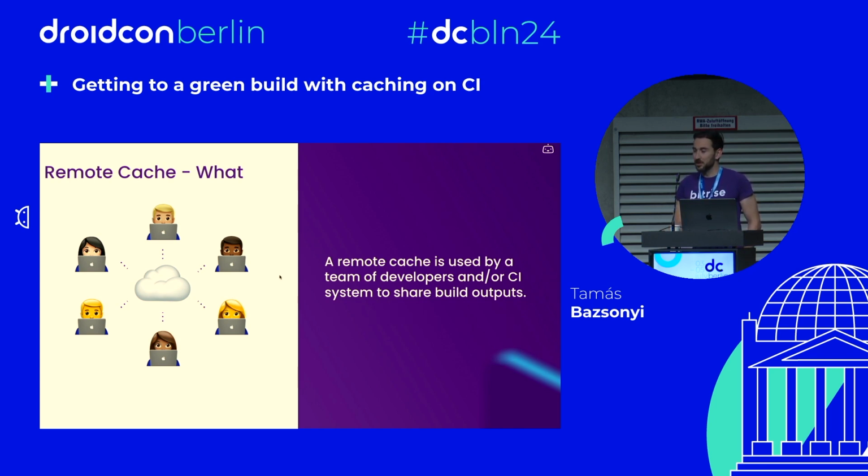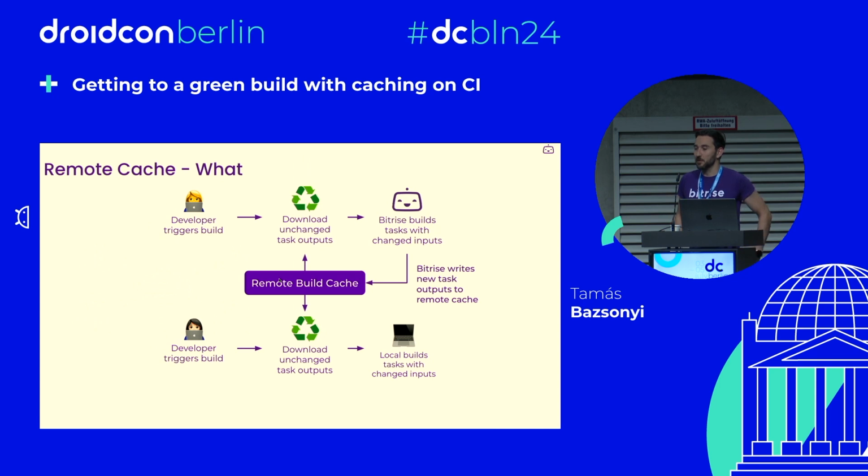Let's look at the configuration itself and the flow, how it looks. So you can see here that the developers are triggering builds on their own machine. The caching itself is downloading the unchanged task outputs. After that, Bitrise is building any kind of tasks that has changed task input and saves the task output to the remote build cache.